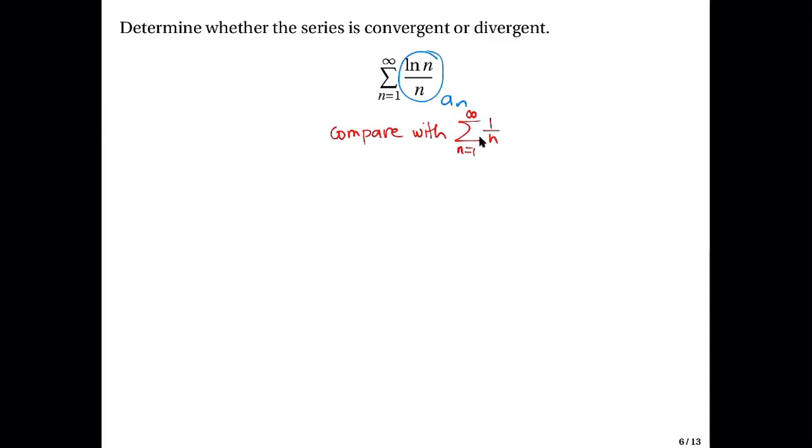So if the series you're comparing with is divergent, the limit of an over bn must be a positive constant or plus infinity for you to have a conclusion. If you do this, what you will get is the limit of an over bn equals plus infinity, and therefore this series is divergent.